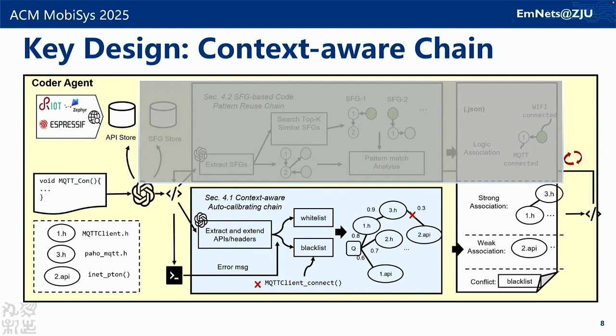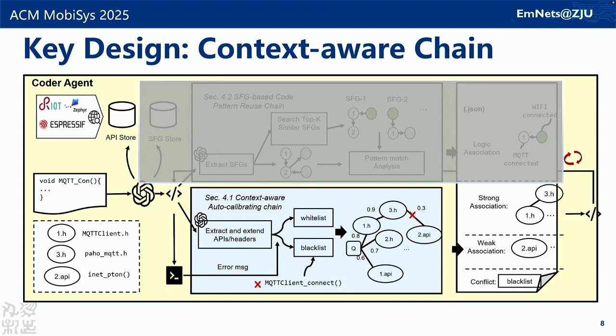So these headers are strongly associated. Third, weak association relationships. These have relatively fewer dependencies. We align the LLM's outputs to strongly associated context items to ensure code correctness.